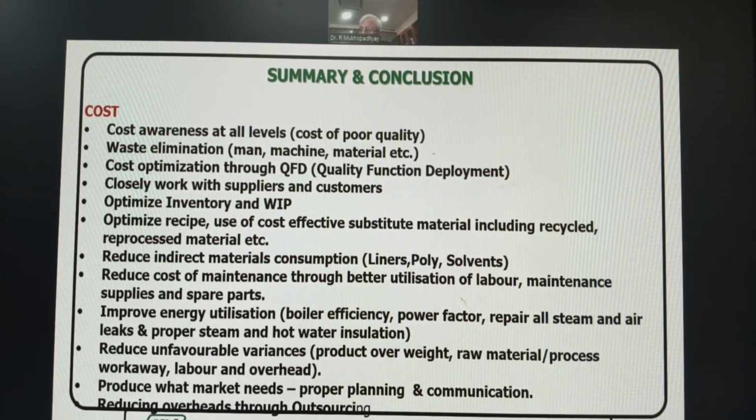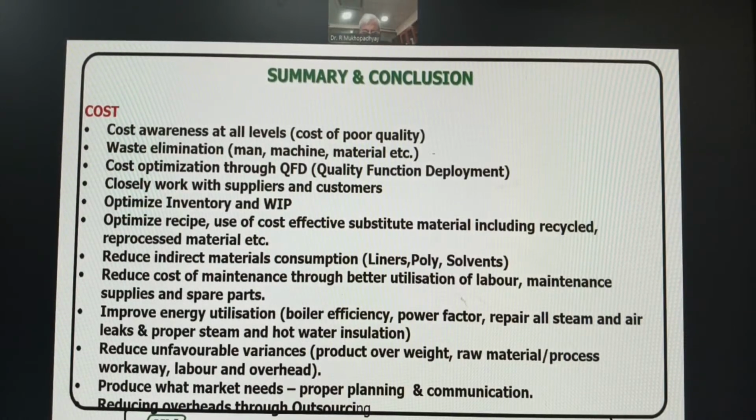People must know not just the cost per kg of compound, but the cost of the raw materials. A little bit of awareness: instead of percentage, in plants generally you consider percentage of scrap, but the rupees lost is more important. You know, one radial tire scrapped directly gets a scrap potential of about 25-30,000, in a bias tire about 10 to 15,000. So this is the concept people must be aware of.